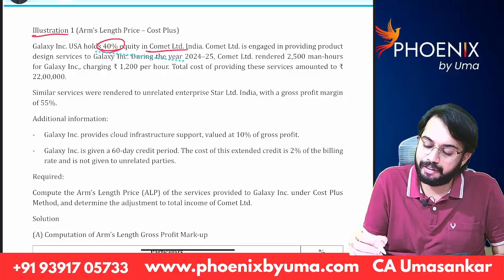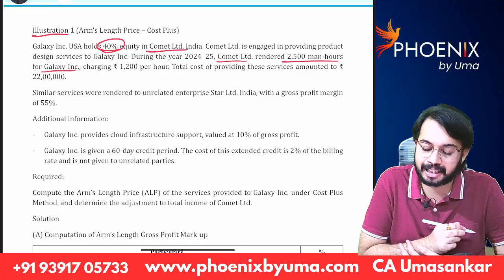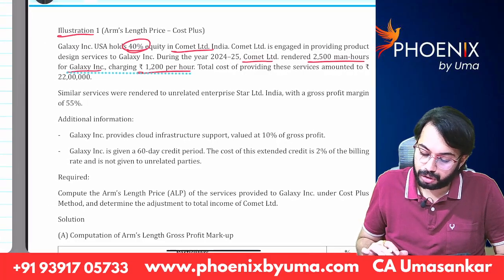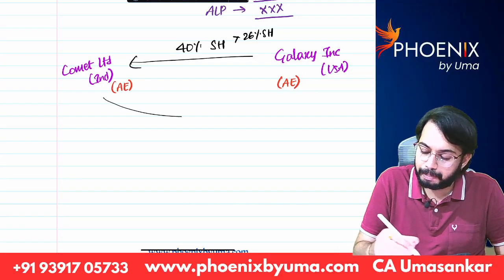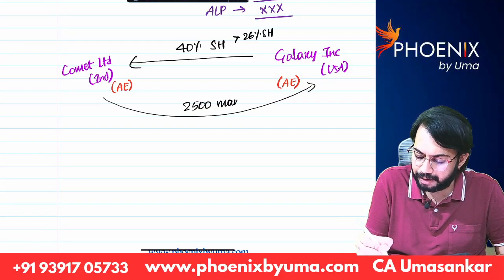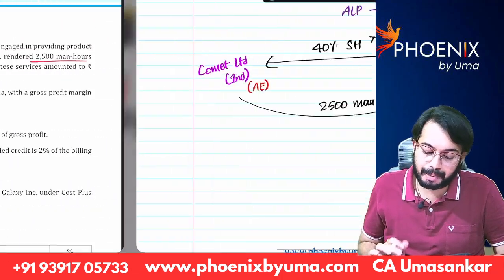During 24-25, Comet Limited rendered 2,500 man hours for Galaxy Inc., charging 1,200 per man hour. So Comet Limited provided services. How many man hours? 2,500 man hours. What is the billing?